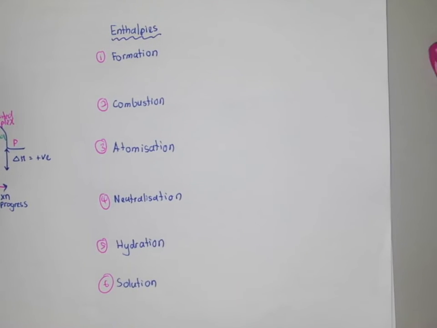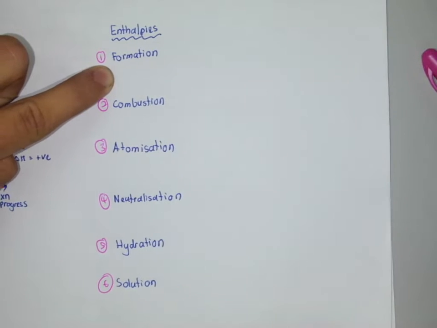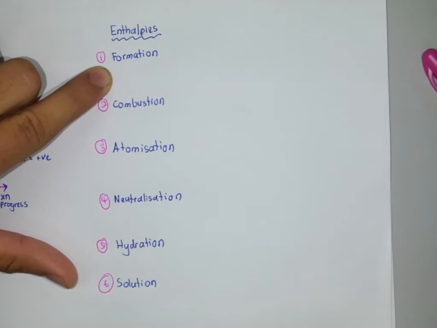So in enthalpies, apa yang pentingnya you tengok? For example, enthalpies of formation, for all of these you must tengok apa yang dia nak, 1 mole.